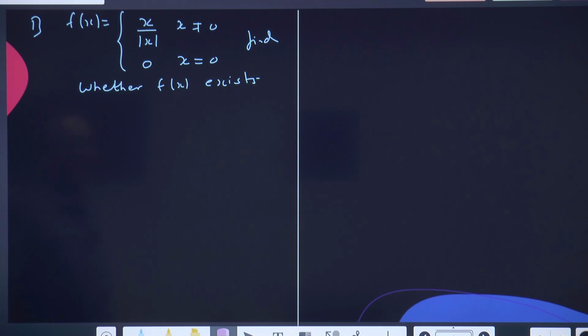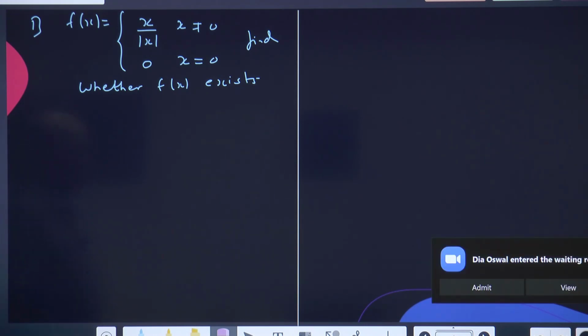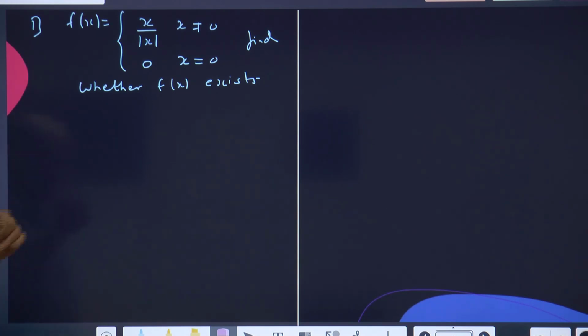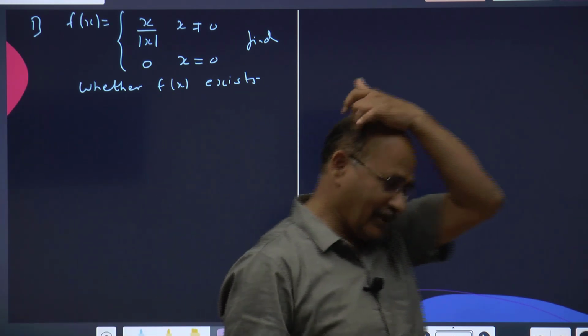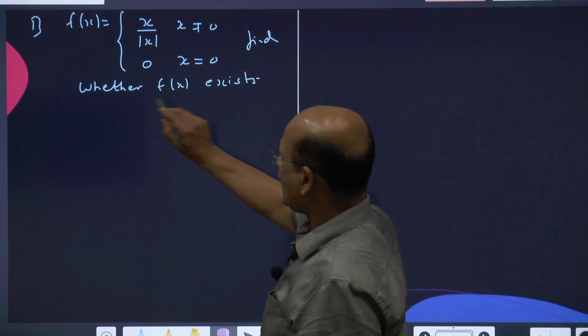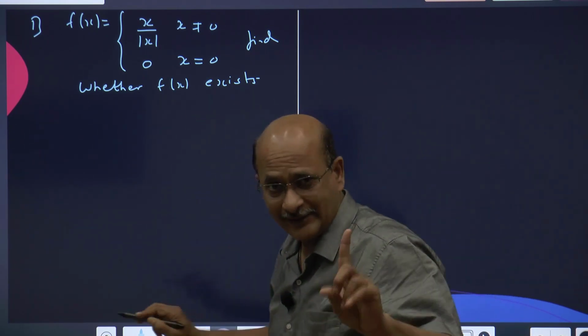Okay guys, here we go. If we have a look at this particular question, this question is something very different based on the first exercise of your limits topic.